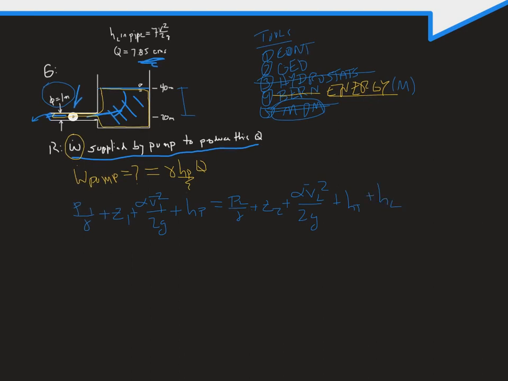It's a big equation, and now I think maybe you can understand why we learned Bernoulli first. One thing we need to do is pick our points. This is going to be our master equation, we're assuming.